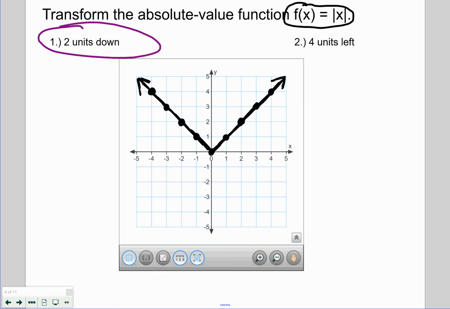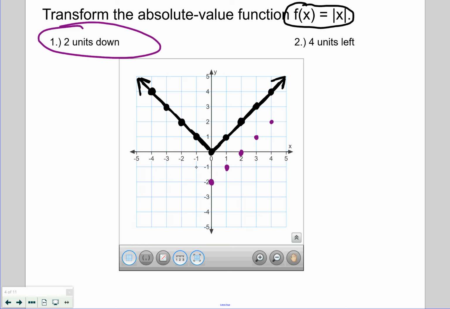All right, let's do number 1. It says to move it 2 units down. So I'm going to take this v and move it 2 units down.